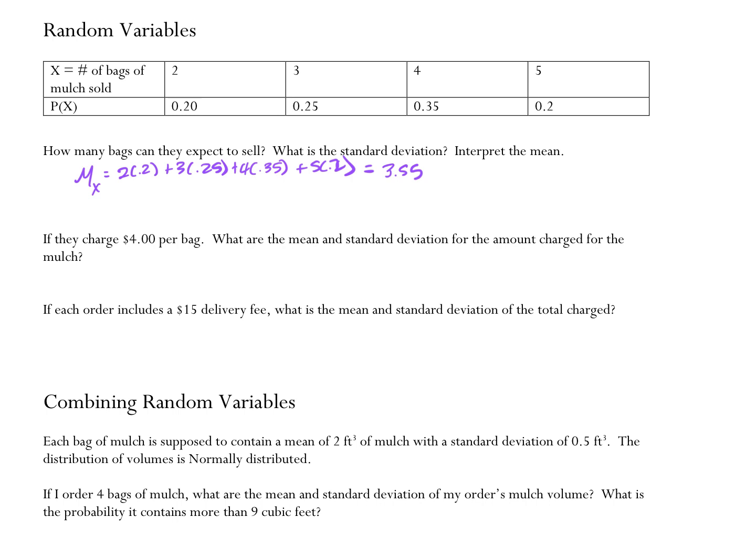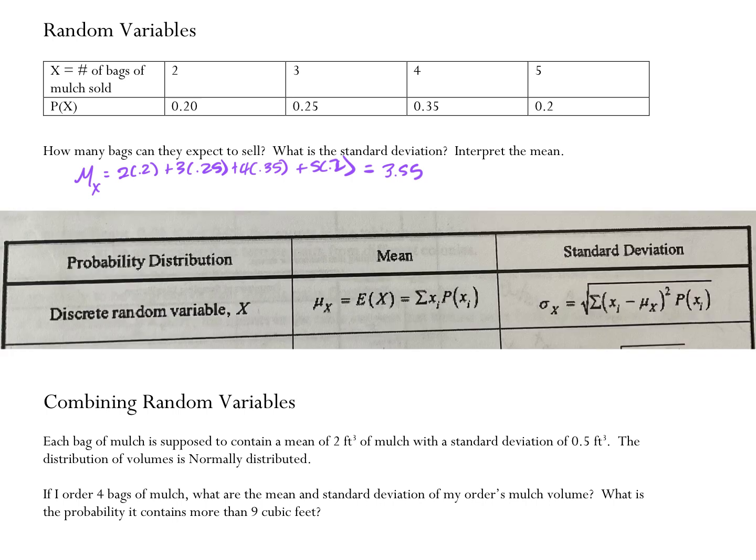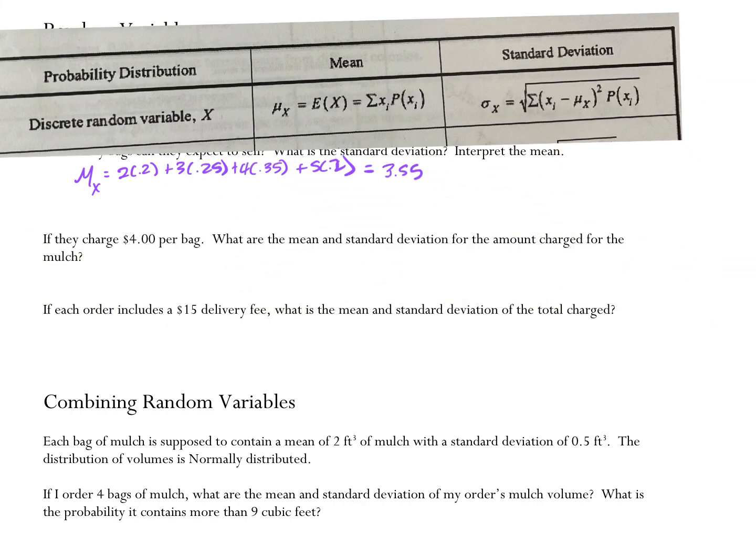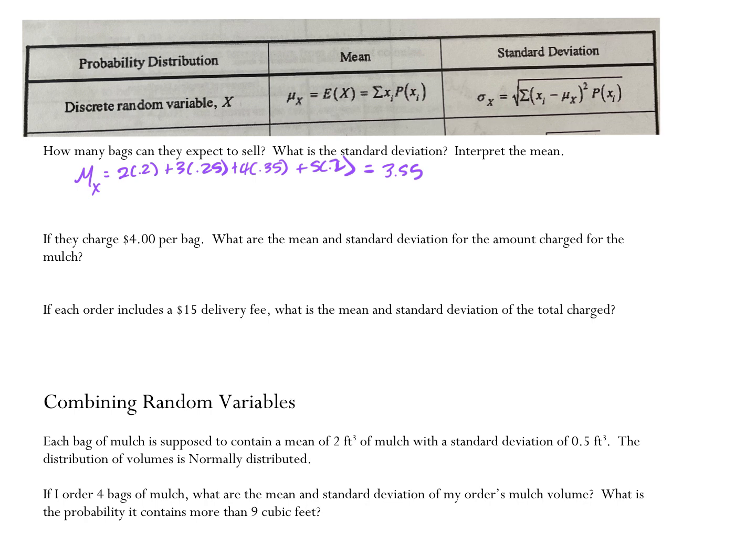Having a copy of the formula sheet in front of me, I want to show you guys where that formula is: the sum of all the possible outcomes times their probability.